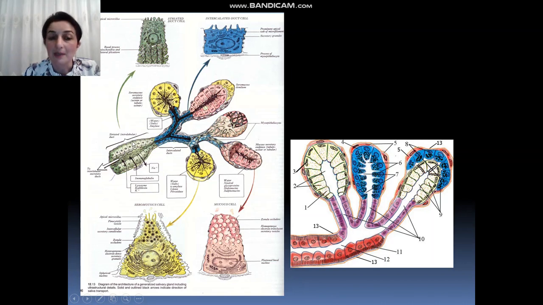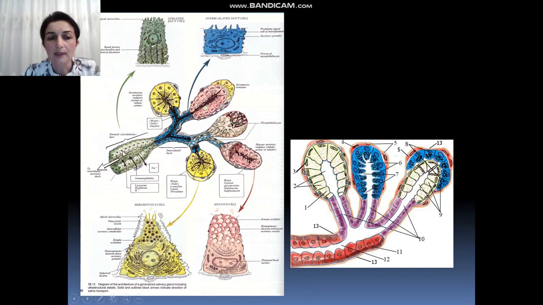In the basal cell membrane, we can see so many invaginations. These invaginations are folds, enfoldings. They subdivide the basal compartment of the cell into individual longitudinal compartments. Inside of these compartments are located mitochondria.